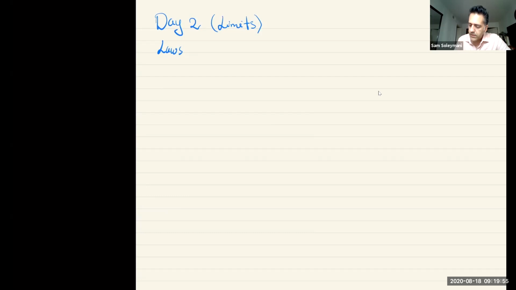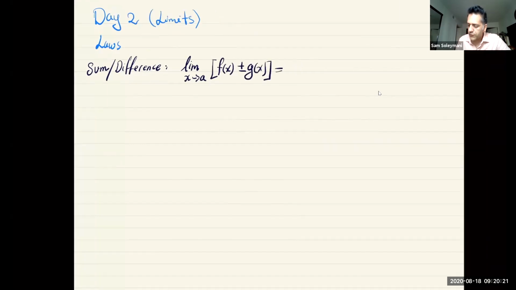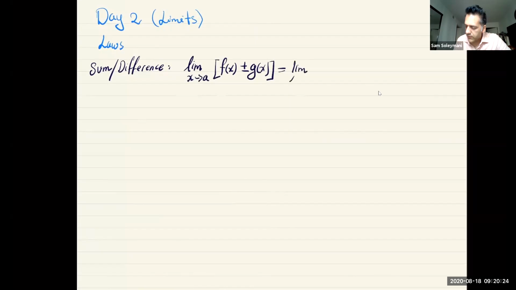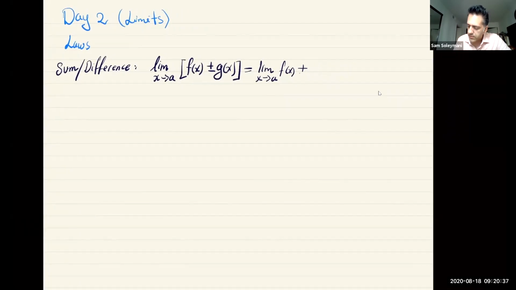We have the sum and difference law, which says that the limit as x goes to a of f of x plus, or you could have minus, g of x is equal to the limit as x goes to a of f of x, if it's a plus, then you plus, if it's a minus, you do minus, the limit of g of x.